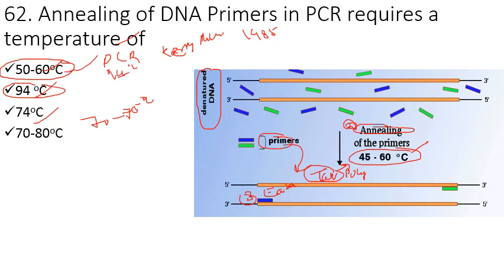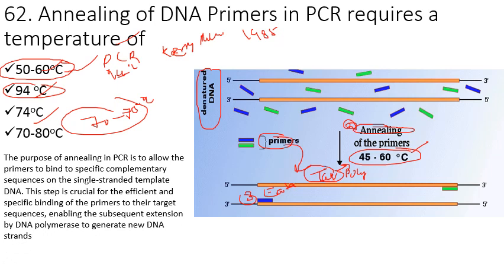For annealing it requires a temperature of 50 to 60 degrees Celsius, and for extension it requires a temperature of 70 to 75 degrees Celsius. And we have different types of PCRs. One is the real-time PCR, and the second one is the reverse transcriptase PCR, that is RT-PCR.